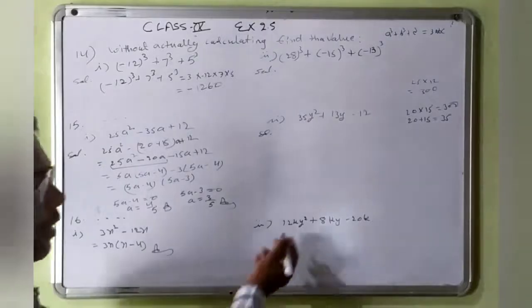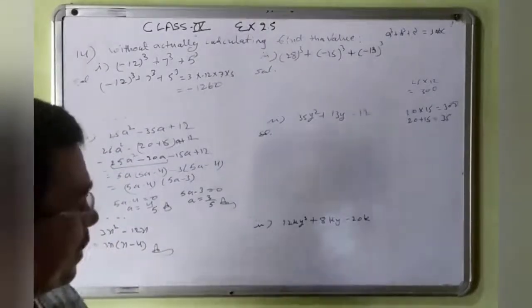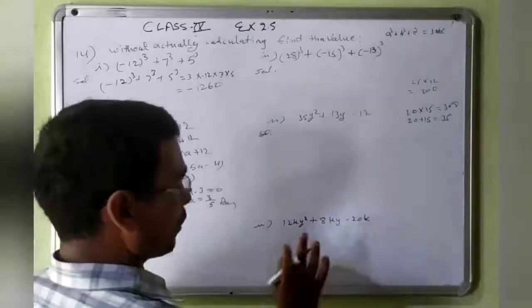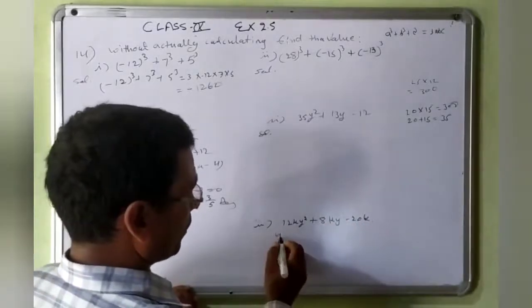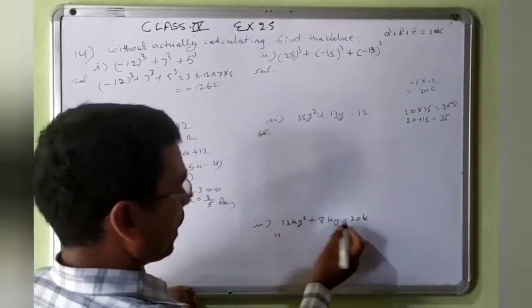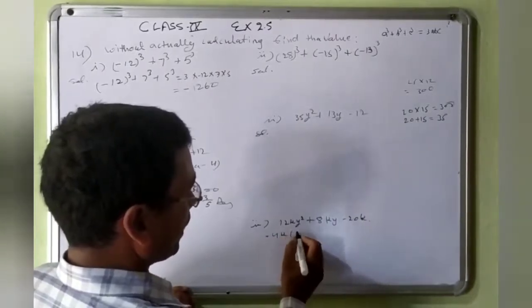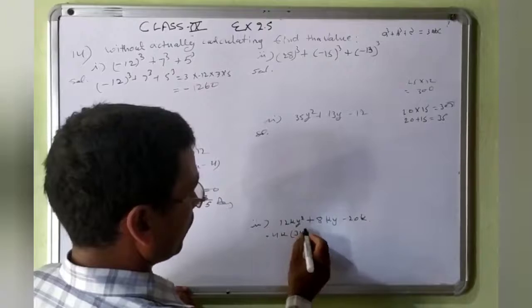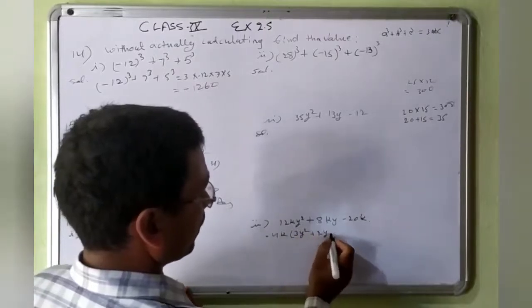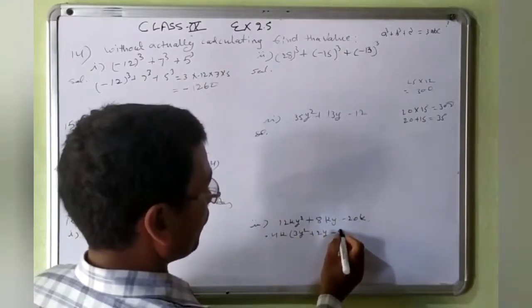Okay, here also we will take the common factor first. You are looking at k, and 4 is also common: 4 times 3 is 12, 4 times 2 is 8, 4 times 5 is 20. So 4k is common, and we get 3y square plus 2y minus 5.